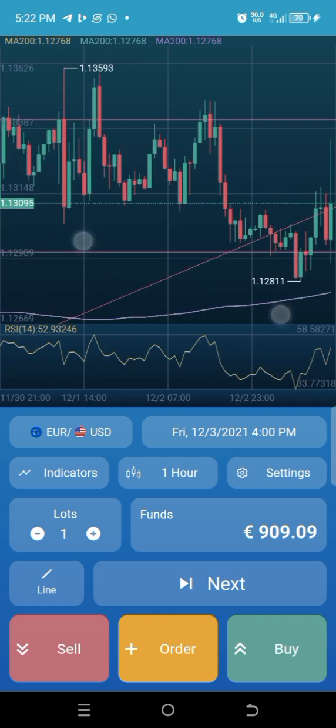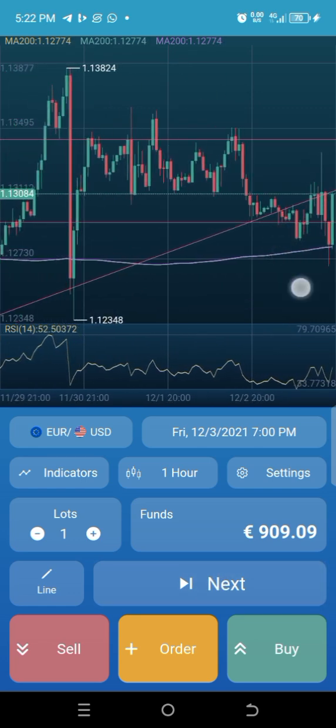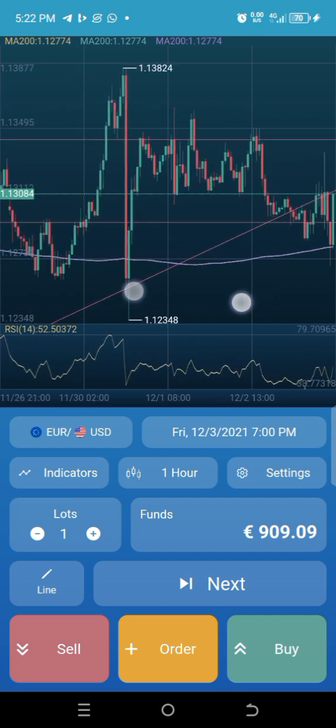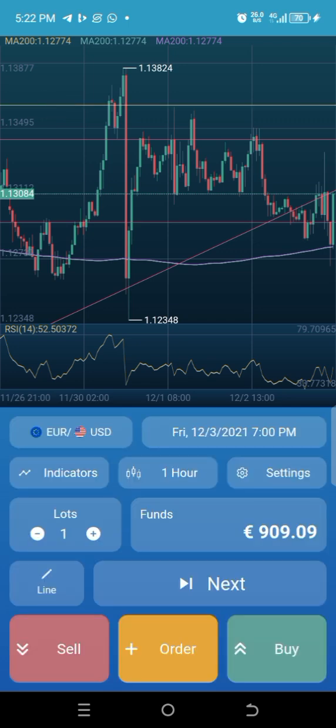Looks like there's a sideways break of the trend line right here. Do you have an area of interest? Probably here. So you can see.